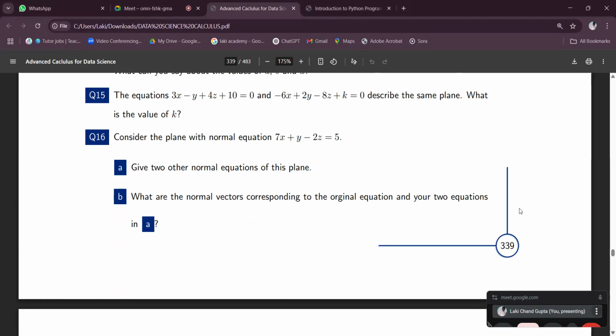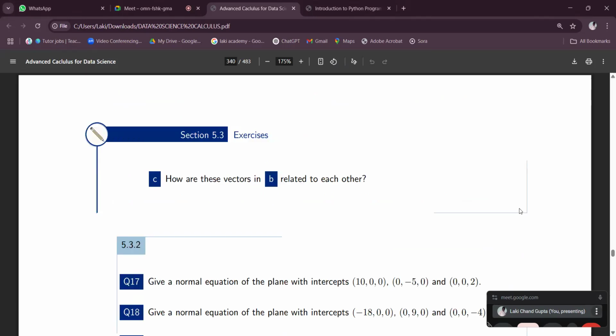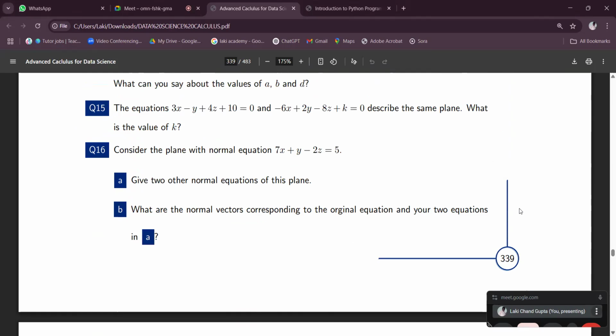Describe in same plane. Same plane means same parallel. So when you multiply with minus 2, or you can say when you divide by minus 2, you will get what?